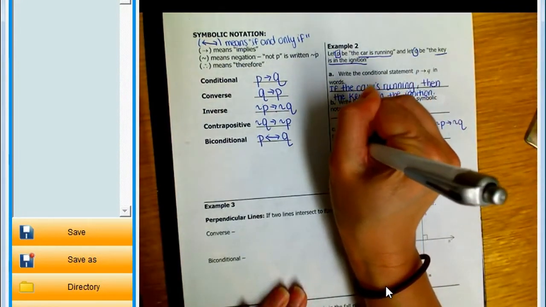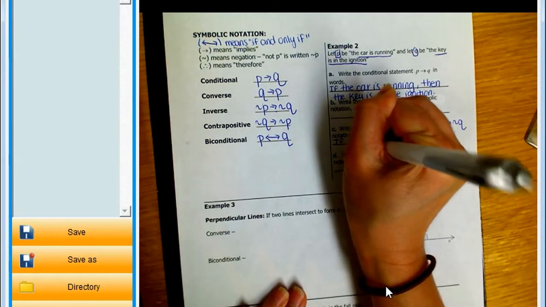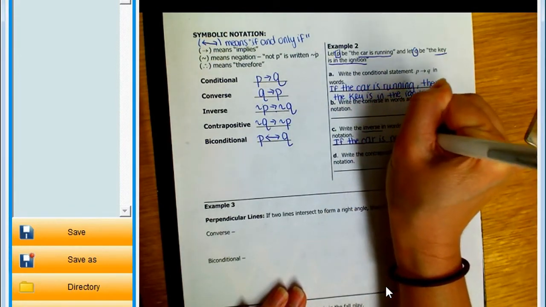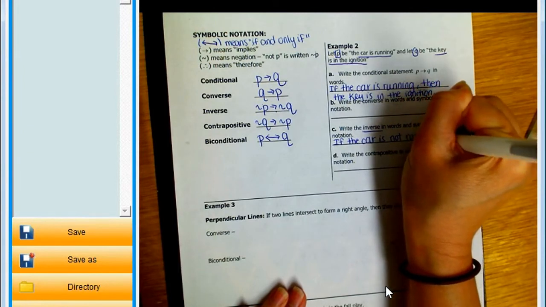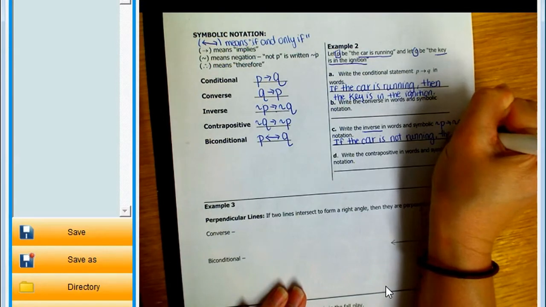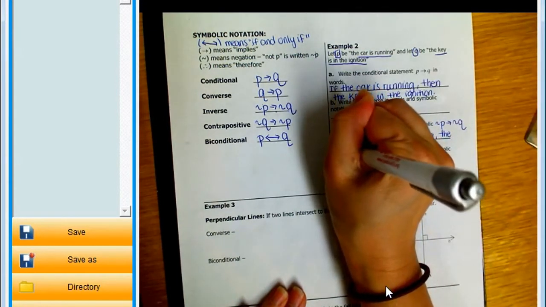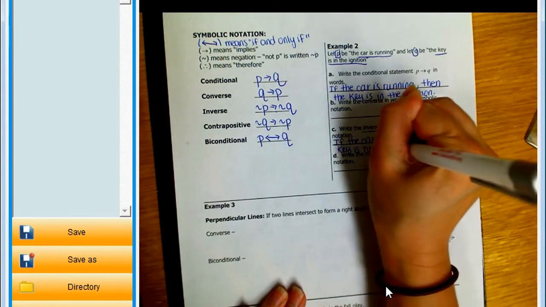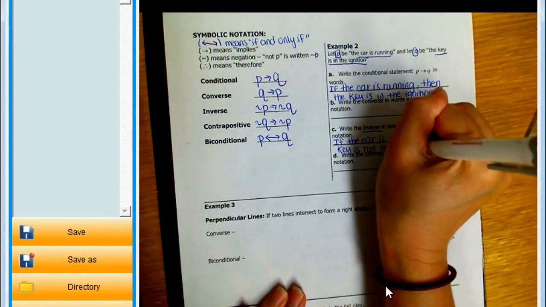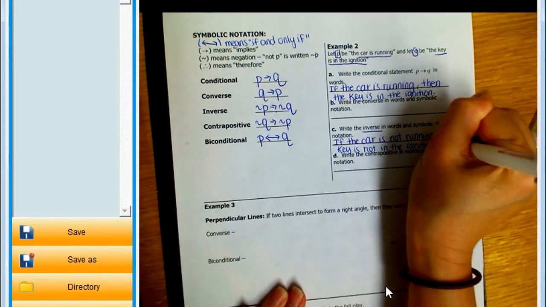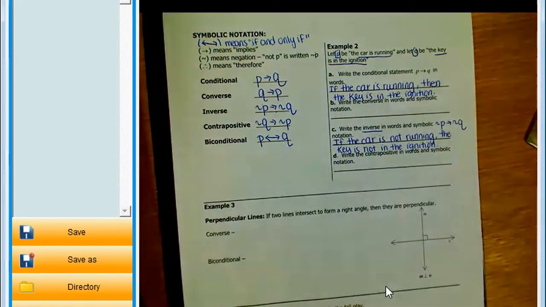So if the car is not running, then the key is not in the ignition. I want you to try B and D on your own.